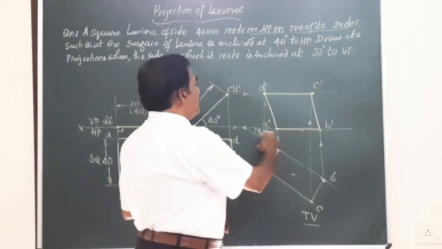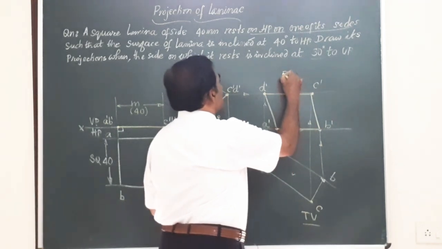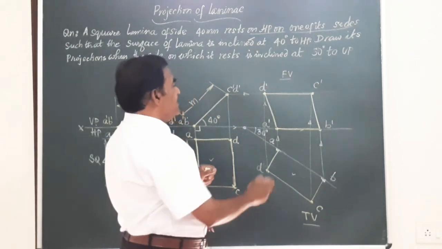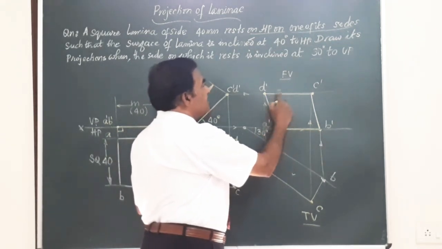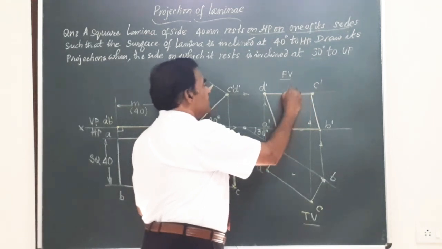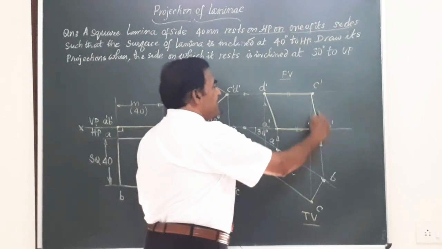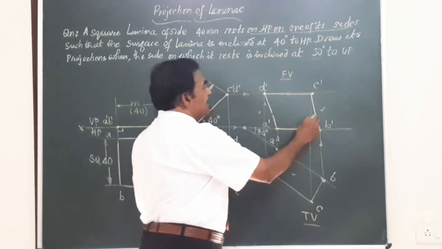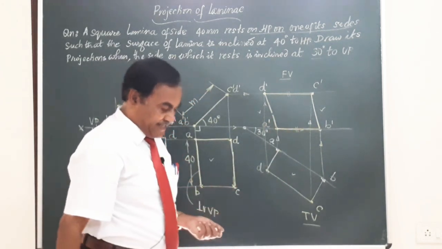Friends, this figure, what you have got here, will give you the final front view of the lamina. And here remember friends, the opposite sides A dash B dash is parallel to C dash D dash and also they will have the same length. Similarly, the line B dash C dash is parallel to A dash D dash. Again, they are parallel to each other and they will have the same length.